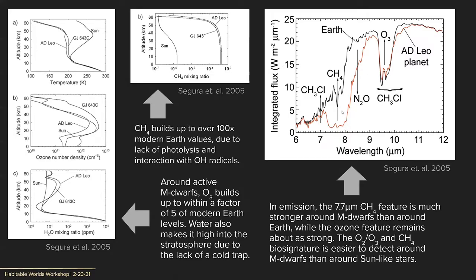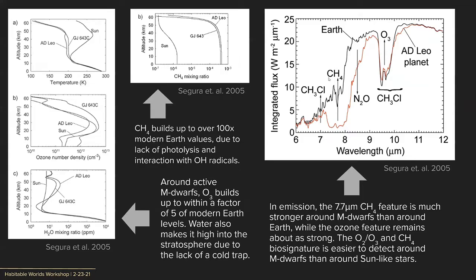And the reason this is important is because it's long been held that the simultaneous detection of an oxidizing molecule such as ozone or oxygen and a reducing molecule such as methane would not be able to exist in an atmosphere at levels that are detectable. That if there's a lot of reductants, there shouldn't be a lot of oxidants, and vice versa.